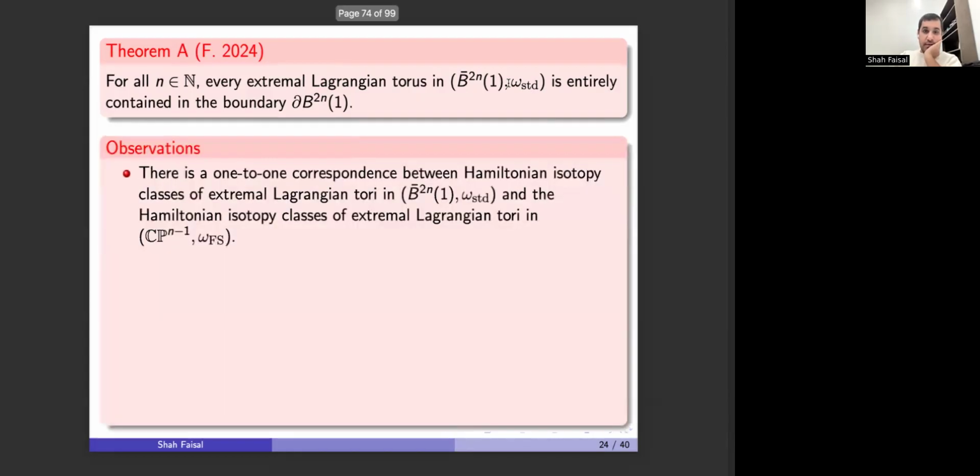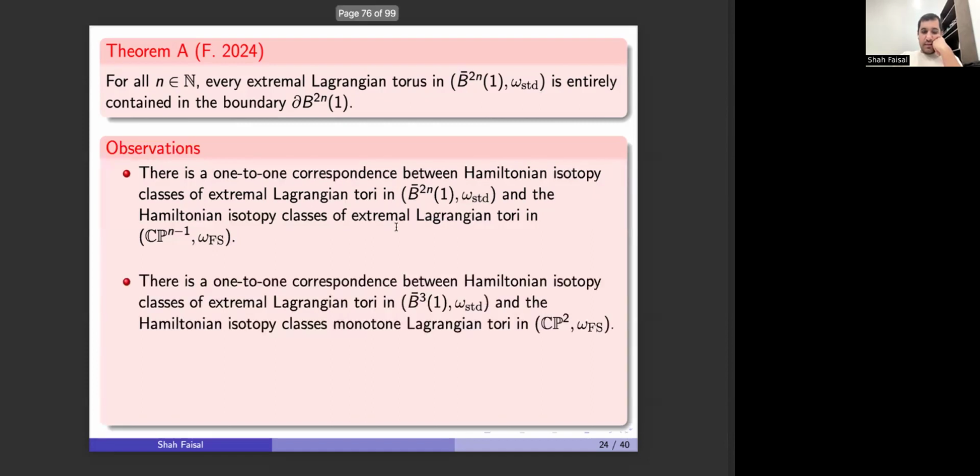There are a few observations based on this statement. It implies that extremal tori in the ball are in one-to-one correspondence with the Hamiltonian isotopy classes of extremal tori in CP^(n-1). And basically, there's a one-to-one correspondence between Hamiltonian isotopy classes of extremal tori in the 6-dimensional ball and Hamiltonian isotopy classes in CP^2.